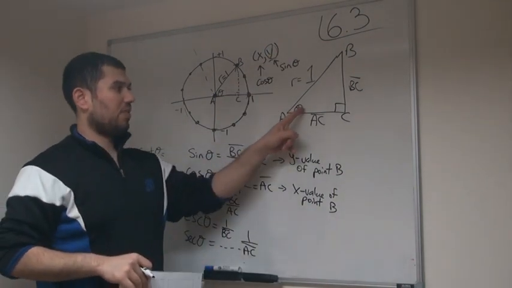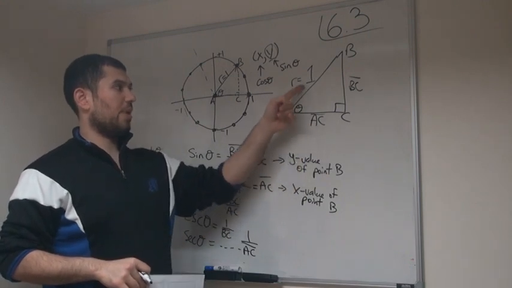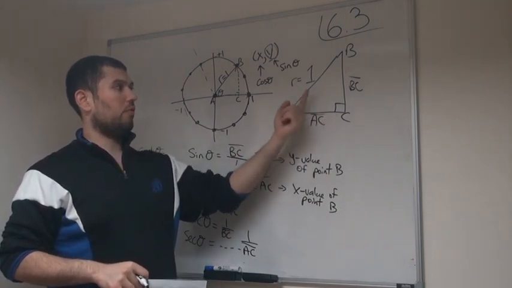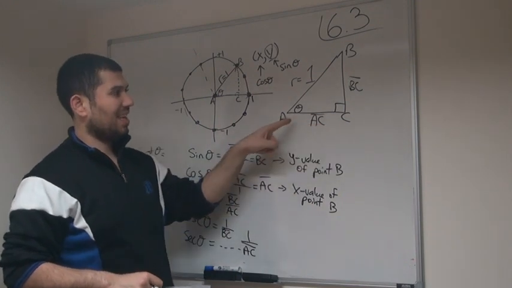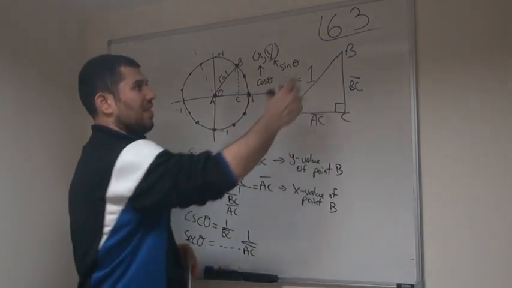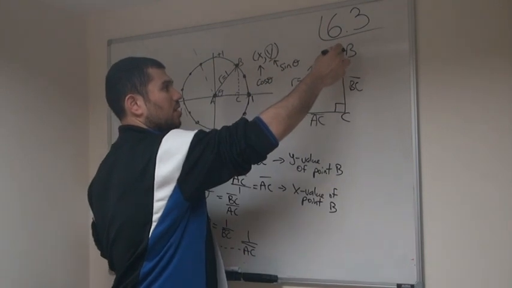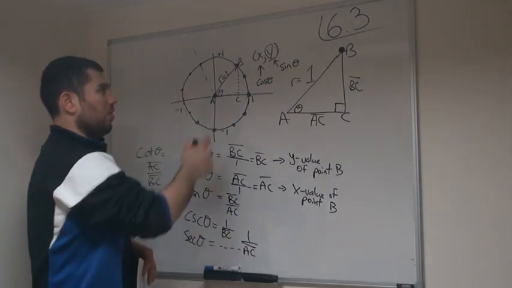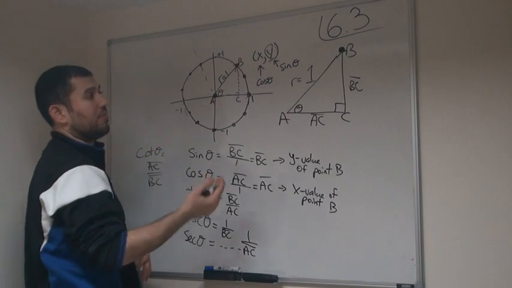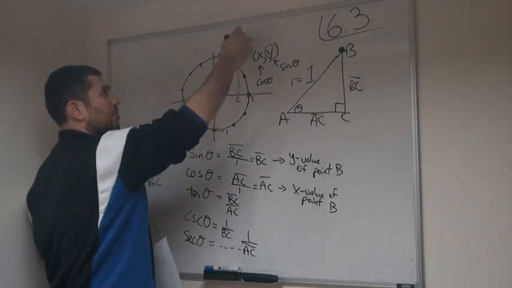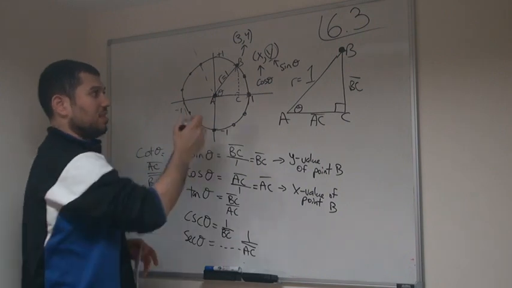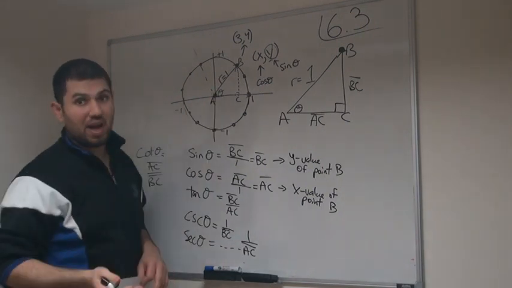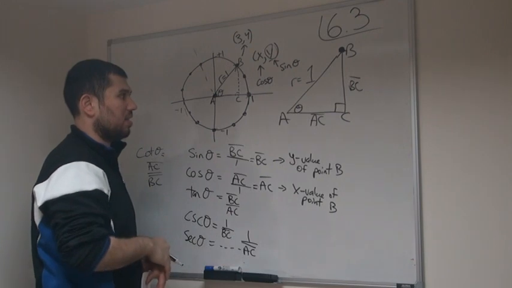Because the cosine of theta is adjacent over hypotenuse, and AC over 1 is just AC, and AC is the length that is associated with the x value of this point, whatever the x value of the point on the terminal side was. So again, from our prior example, if this was 3, 4, if that was point B, which it isn't, obviously, because that made the radius 5, so it doesn't fit within this context.